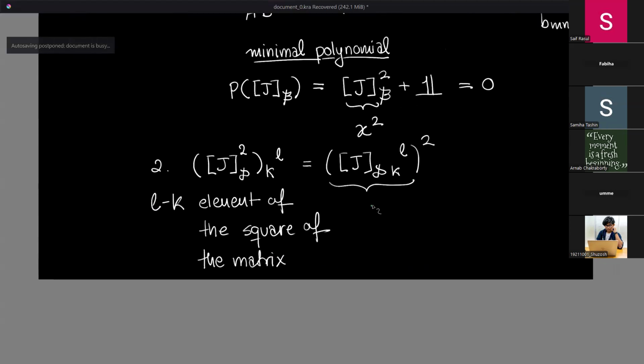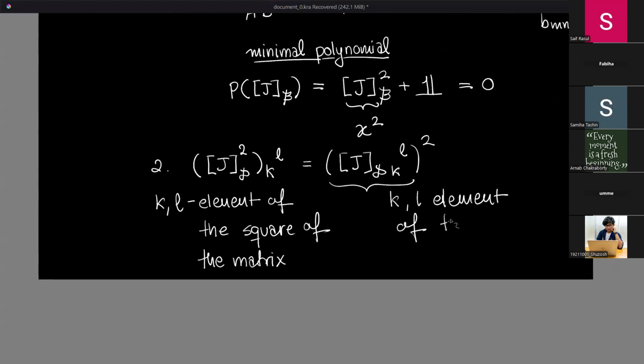And this would be the KL element of the square of the matrix, and this is the KL element of the matrix. So this is a number. The thing that's in this whole bracket is a real number squared.